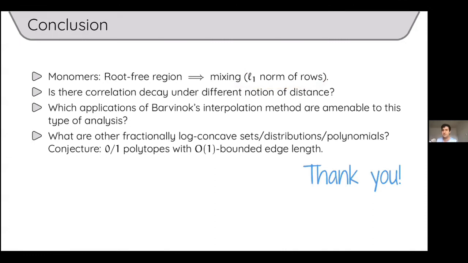You can show this for some applications of Barvinok's method, for example, permanents of tensors, which is some result that Barvinok has where he shows that roots cannot lie in certain regions. You can convert that to the correlations being bounded, but that doesn't give you anything new in terms of Markov chain Monte Carlo algorithms. Basically, because the chain is not easy to implement, or something like that? No, the chain is easy to implement, but people already knew that this mixes. Yeah.